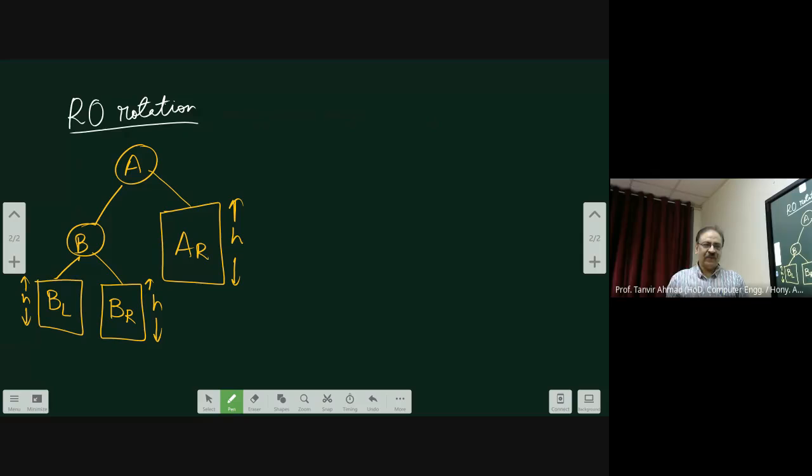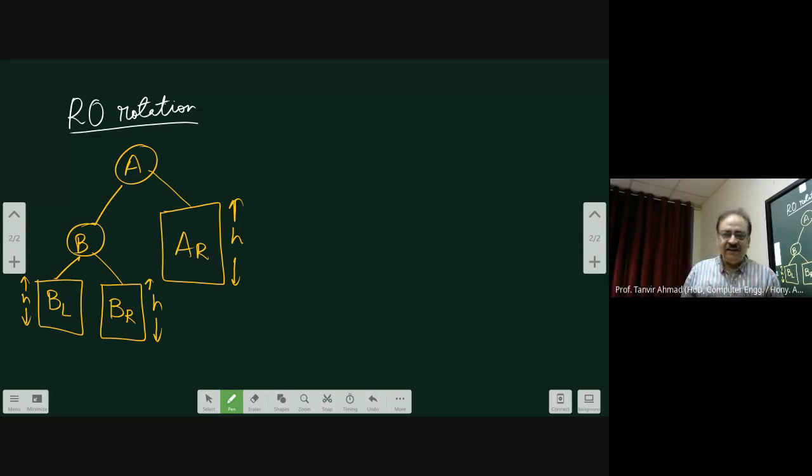Now you tell me, if I delete anything from BL, will it become unbalanced? If I delete any node from BL, will it become imbalanced? No, it will not.